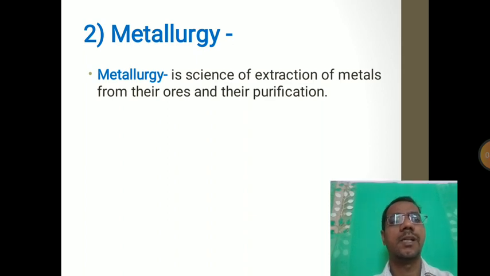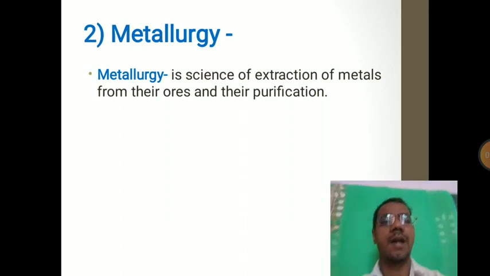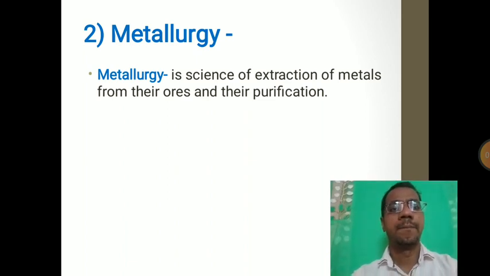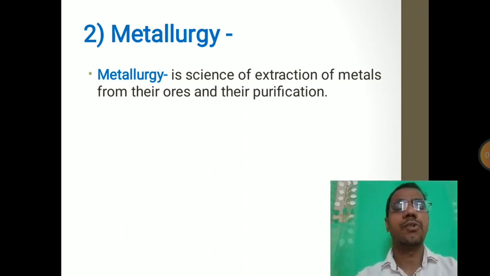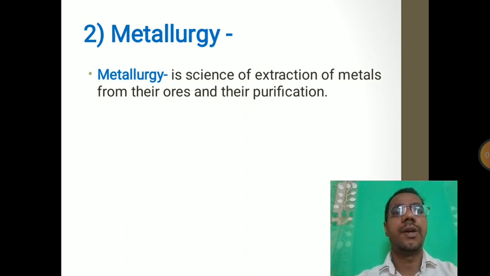Extraction of metal means we are obtaining the metals. How can we obtain the metals? From their ores. What are ores? Ores are the compounds in which metals are present. Understood? So from this ore we can extract, we can isolate metals.